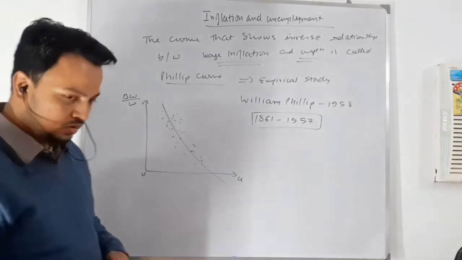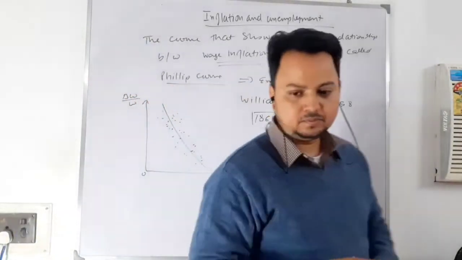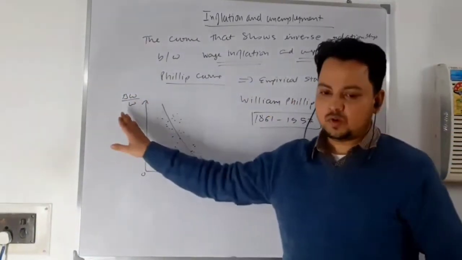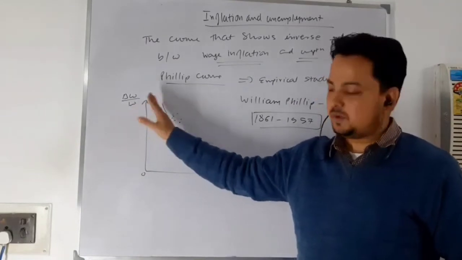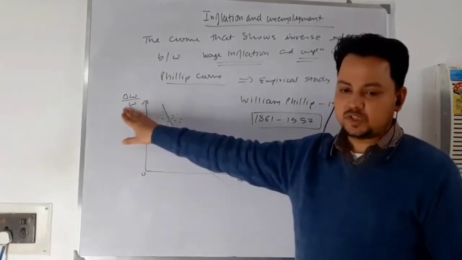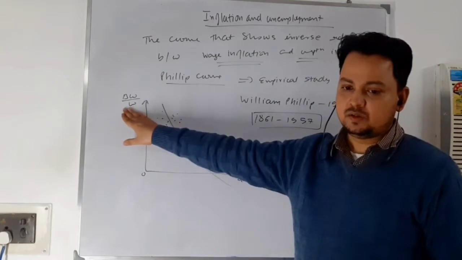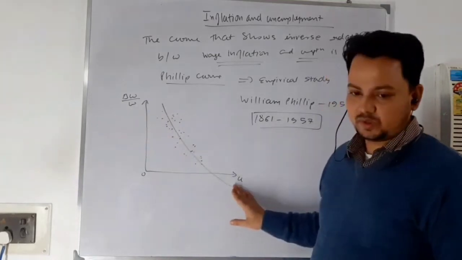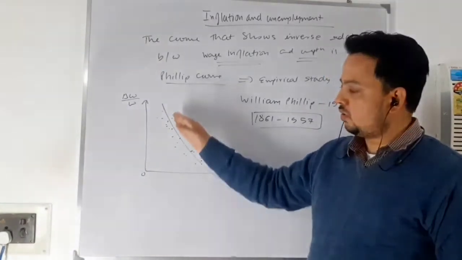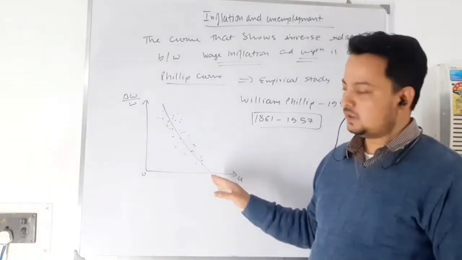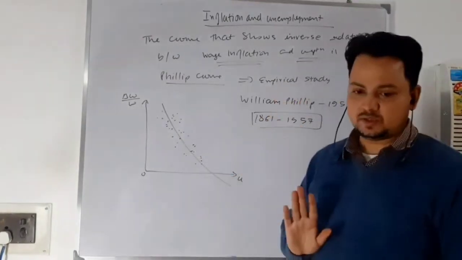So what is the Phillips curve? For the time being, it is a negative relationship between wage inflation or rate of increase in money wage and unemployment. It is a non-linear relationship, and it is based on your empirical study.